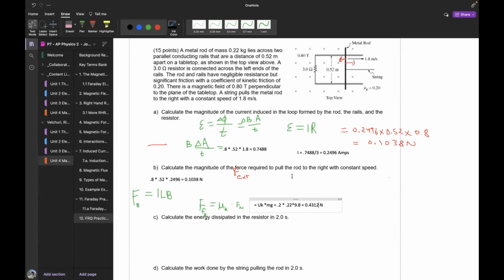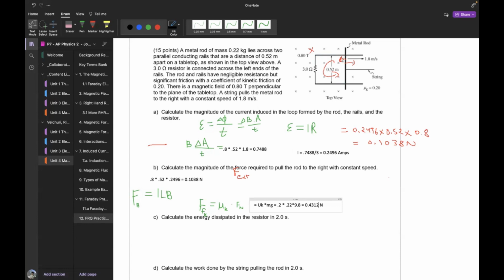Okay. So the flux is increasing inside the plane. Yeah, flux is increasing inside the plane. So the current must be such that the generated field is outside the plane. So counterclockwise. Now we have to find the force.